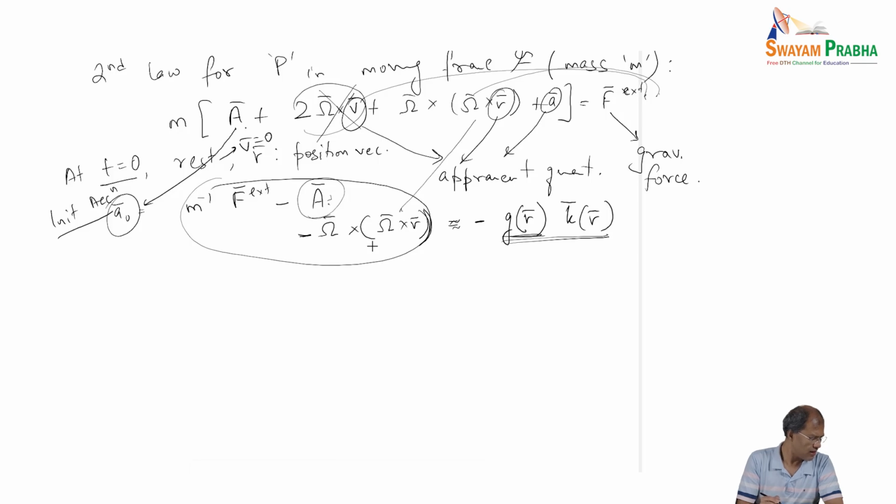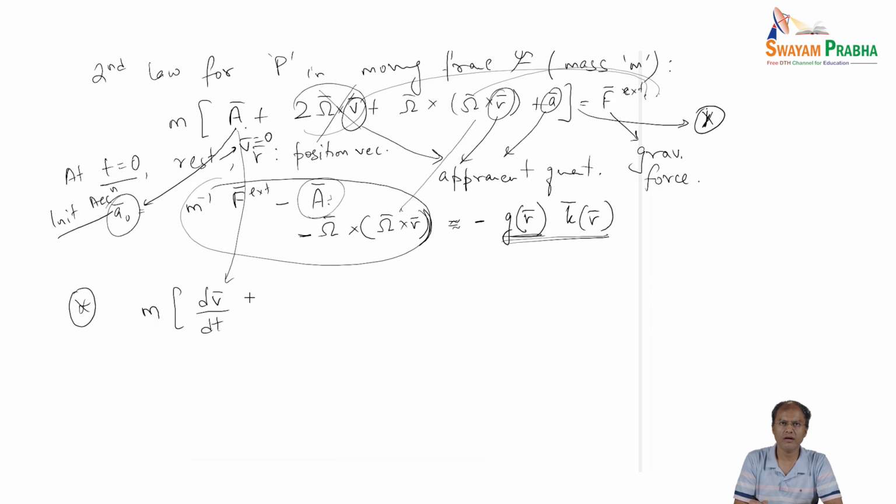Looking back, let us call this relation star. From star, we have m times dv dt, the acceleration of the frame, plus 2 times omega cross v, and the rest is all absorbed in g times k.